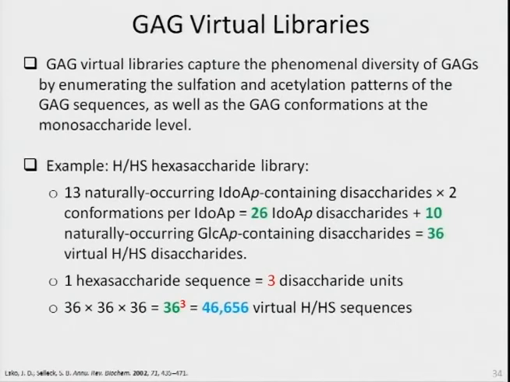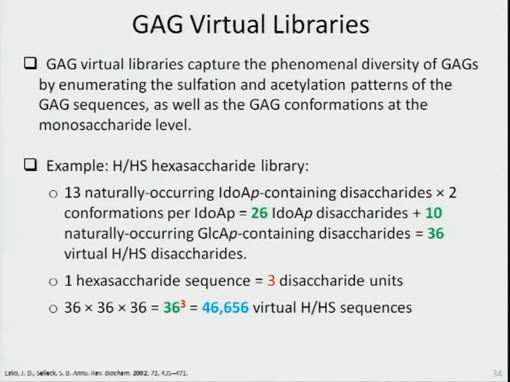Just as an example, if we have a hexasaccharide library of heparan sulfate, there are 13 naturally occurring iduronic-containing disaccharides. You multiply that by 2 because iduronic acid can be in 2 major conformations. So that's 26.